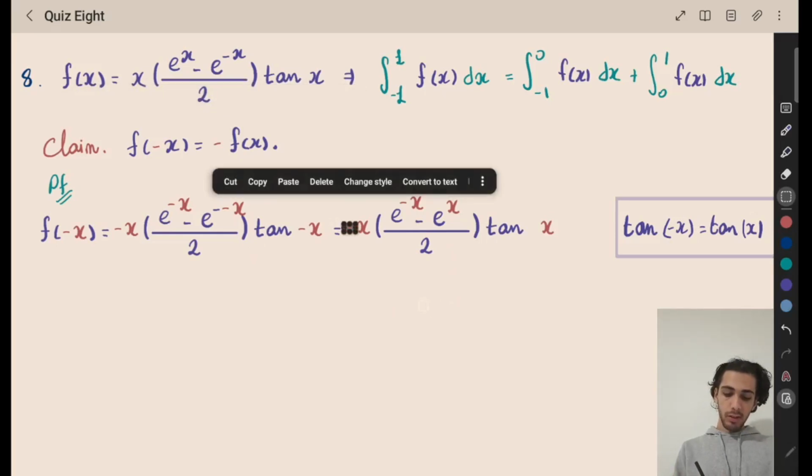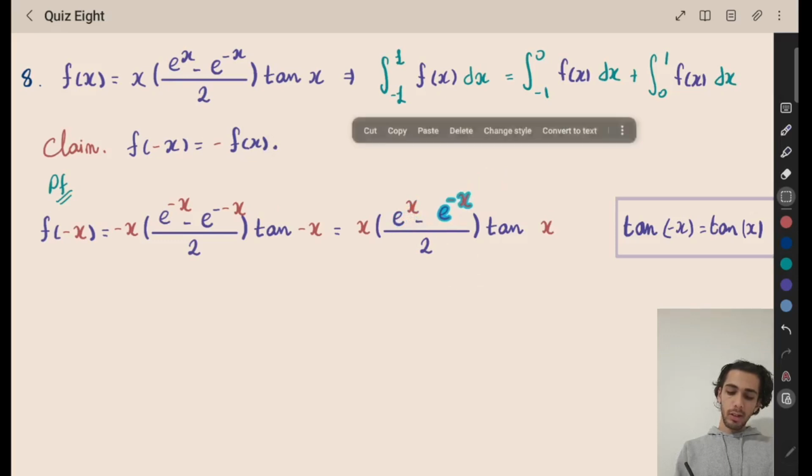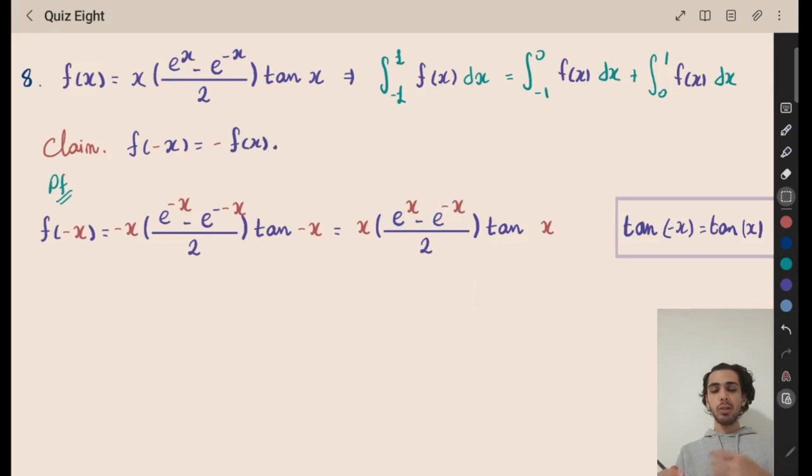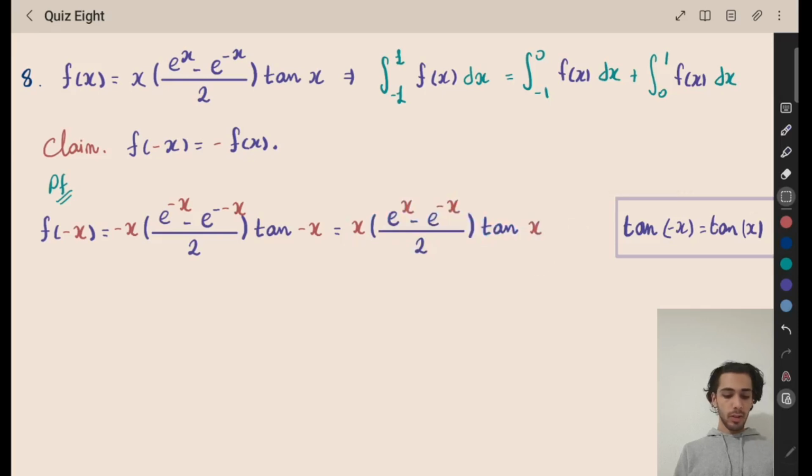And there's a minus here. So maybe if I can just remove the minus and I can put this instead of that. So it's like I switch the sign for each term. I can just switch them around. So this looks like f of x.